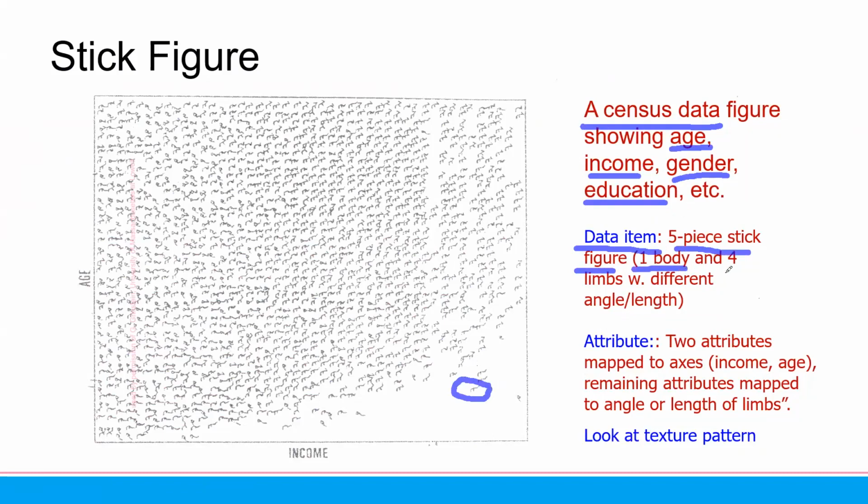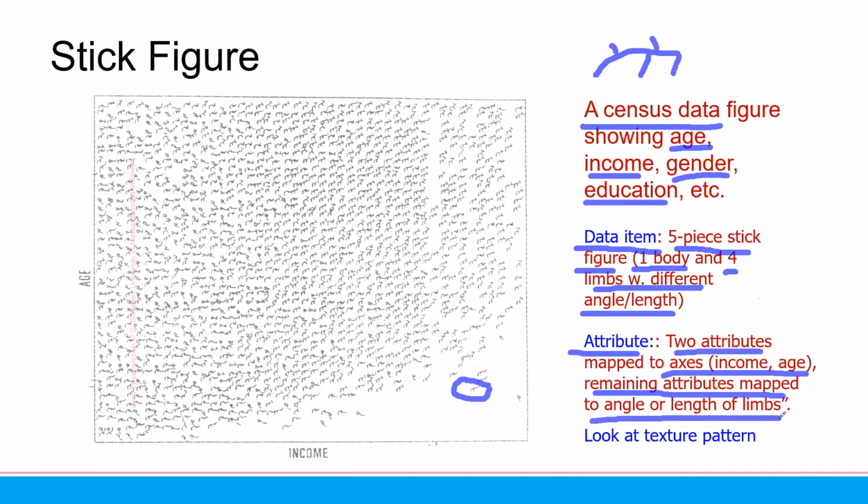There's one body and 4 limbs with different angle or length. So they have a body, and there can be some limbs like this one, maybe something like this one. The attributes that are used here are 2 attributes mapped to the axes, which are income and age, and the remaining attributes mapped to the angle or length of the limbs.